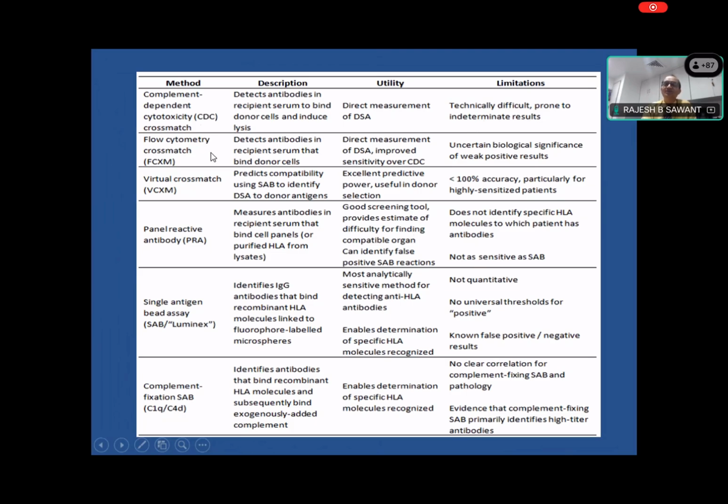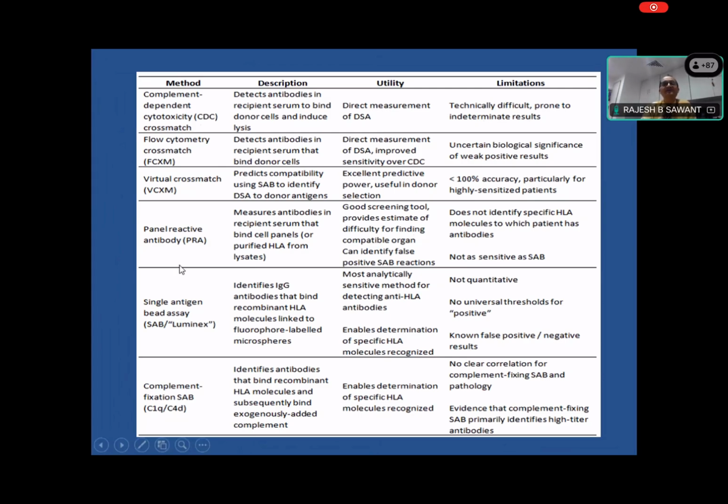So you have flow cytometry, which is also now available, which will directly measure the donor specific antibody, and therefore the sensitivity is very much better than the CDC cross match. However, a lot of weak positive results and false positive results are a limitation of the flow cytometry cross match.